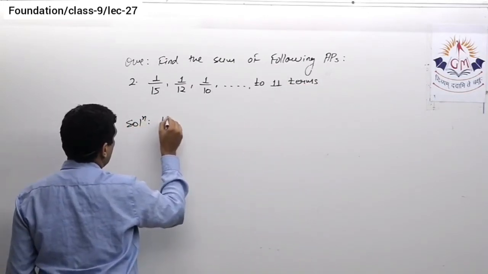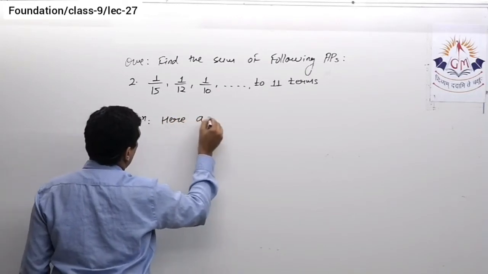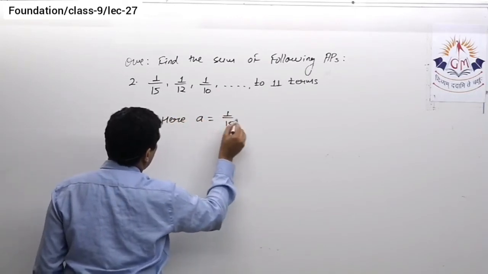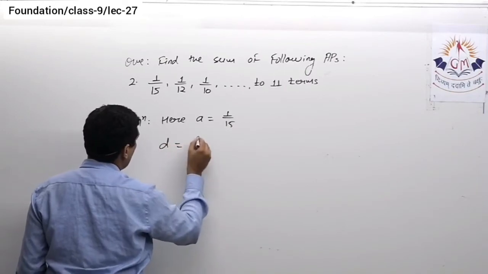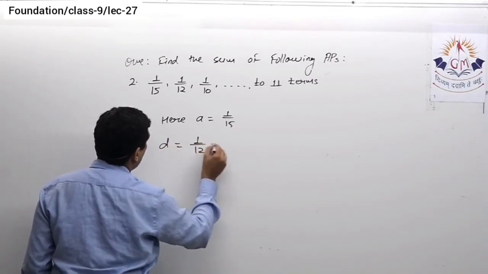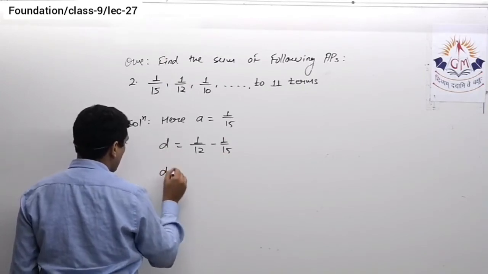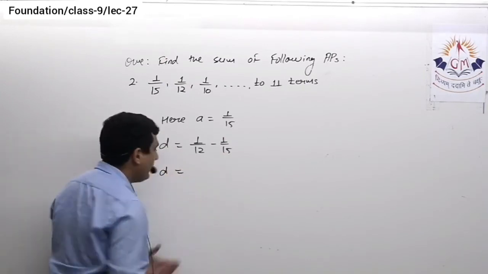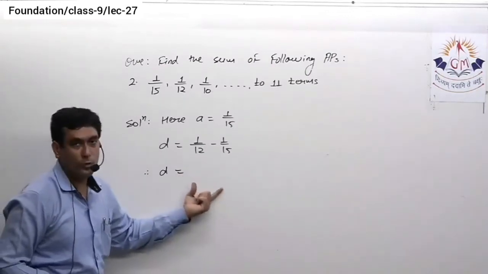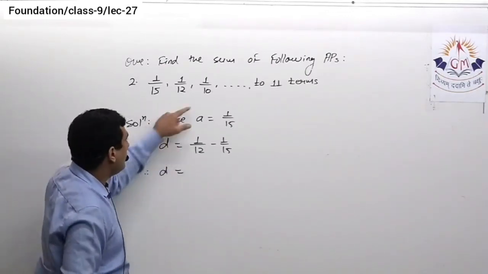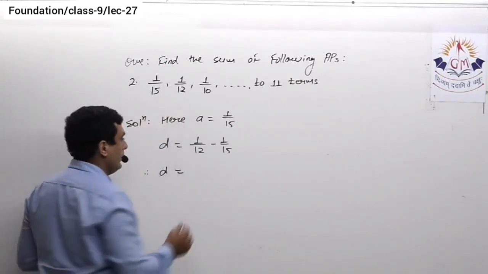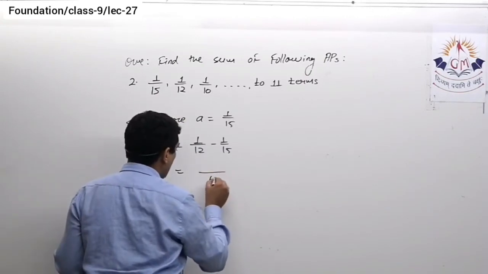Okay, so here a is equal to 1 upon 15, d is equal to 1 upon 12 minus 1 upon 15. Here it is a little bit, I won't say complicated, but yes, you have to show the calculation because it's not easy to calculate directly. So here LCM is 60.